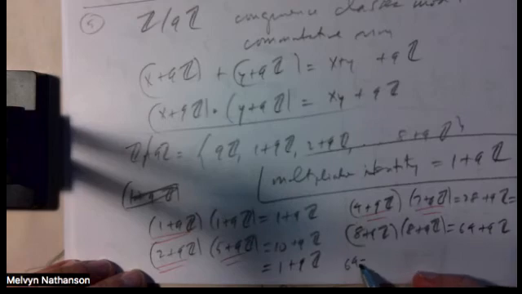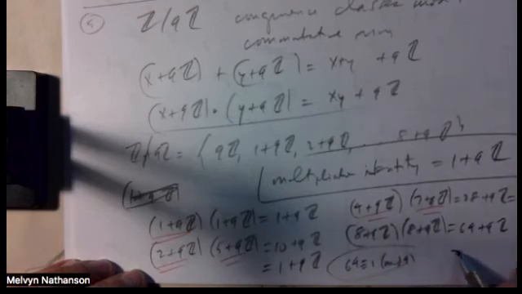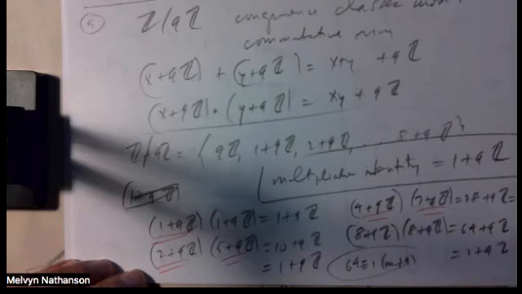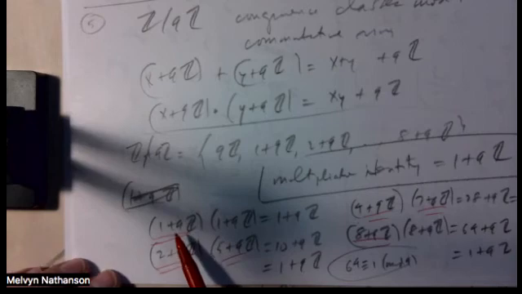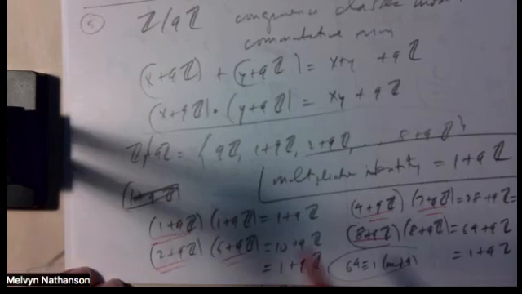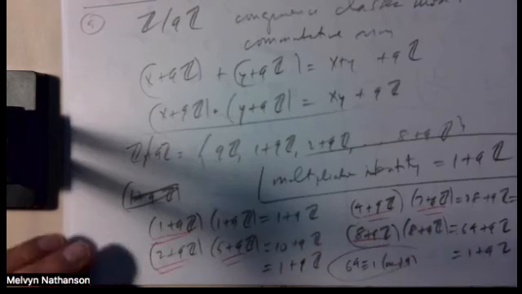But again, 64 is congruent to 1 mod 9. So this is equal to 1 plus 9Z. So I just found 6 units, corresponding to the congruence classes for 1, 2, 4, 5, 7, and 8.